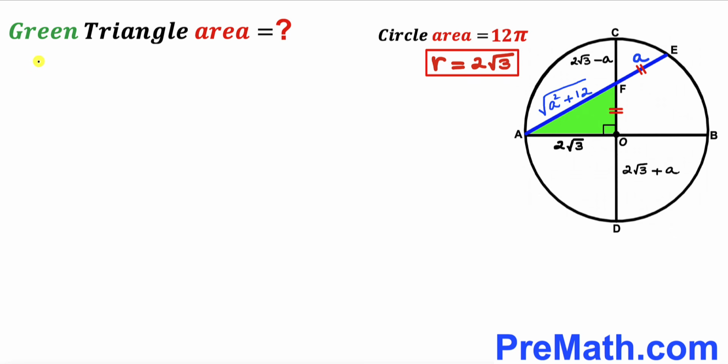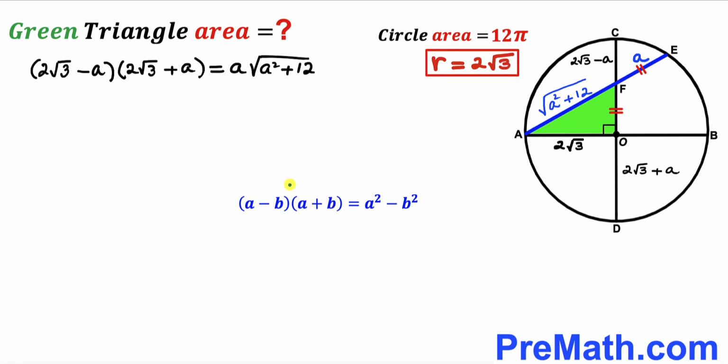So therefore, we could write 2 times square root of 3 minus a times 2 times square root of 3 plus a equals a times the square root of a square plus 12.